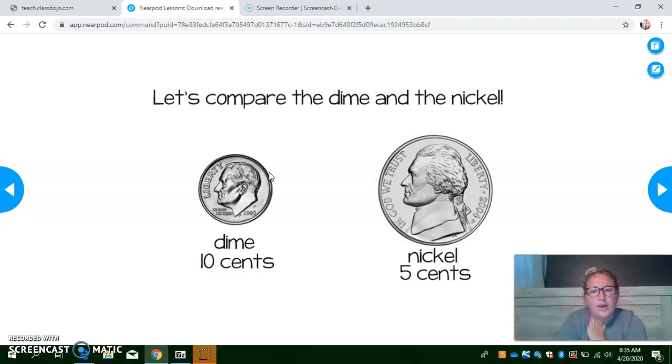Alright, so, we haven't learned the presidents very well at all before spring break. So unless you have prior knowledge of the presidents, the dime has President Roosevelt on it, and the nickel has President Jefferson on it.